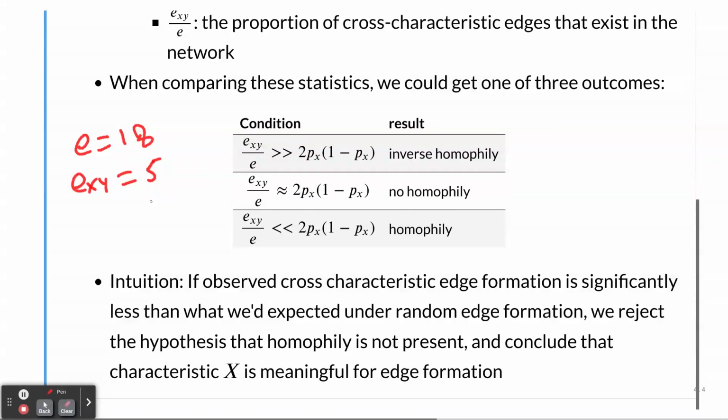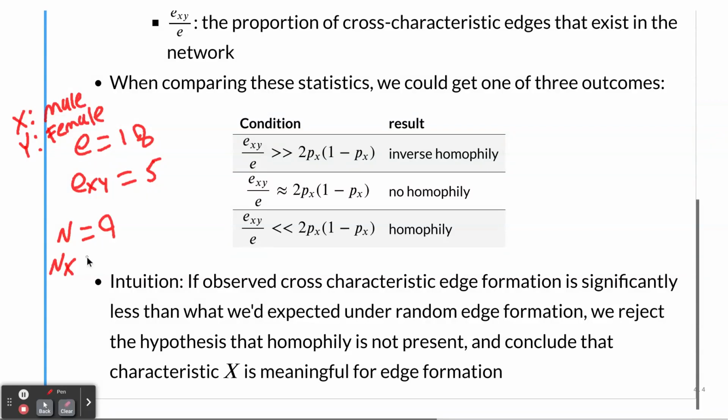Now, we'll also say that n is equal to 9 in this example. And we'll say that characteristic X would be male and Y would be not male, or female.